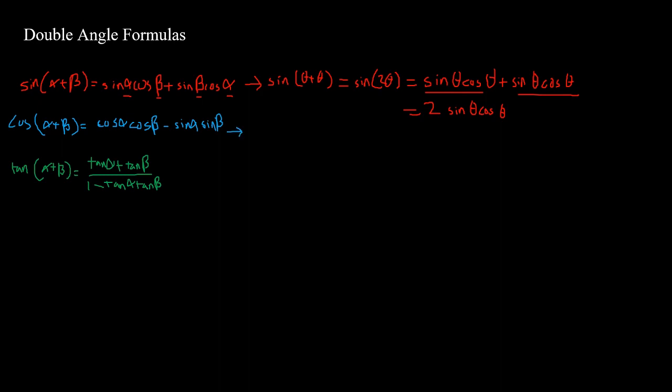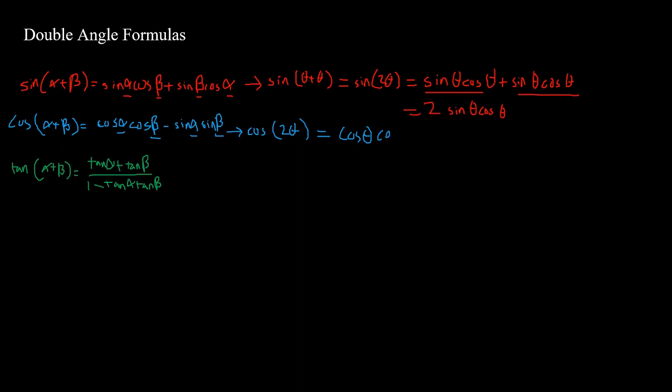And for cosine, cosine 2 theta is just the same as cosine of theta plus theta. So we can replace all these alphas and betas with thetas. Sorry, I'm getting these formulas mixed up too.